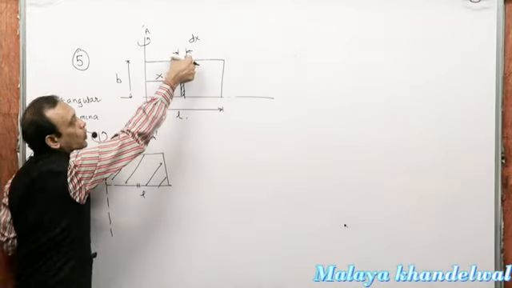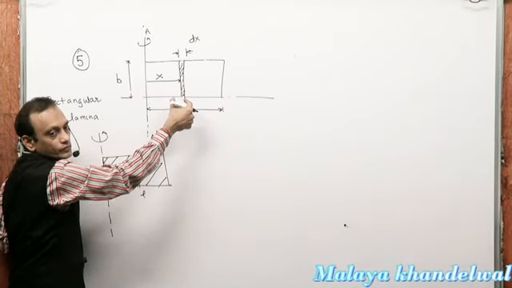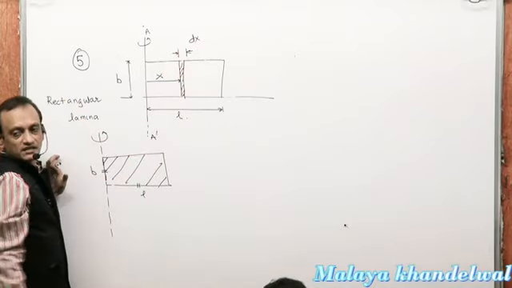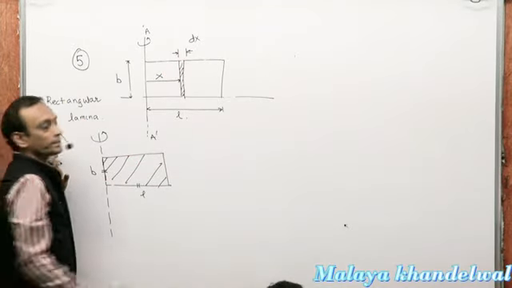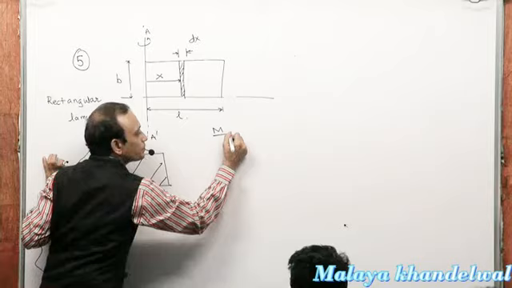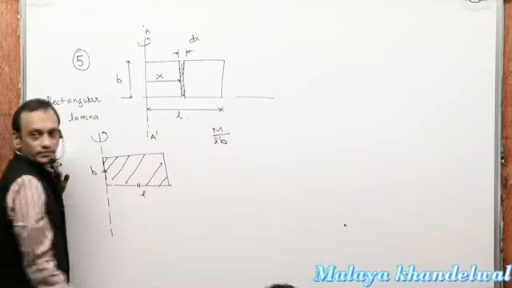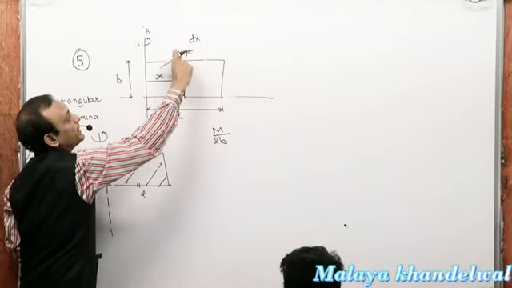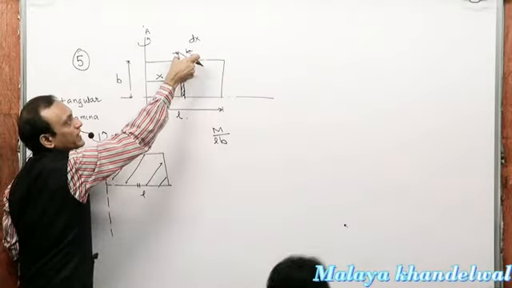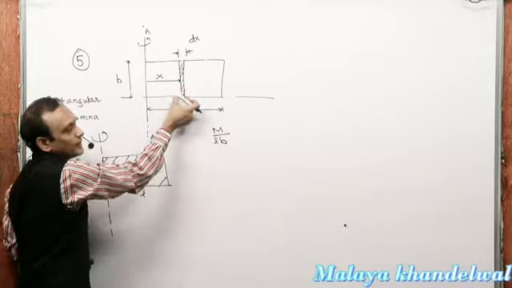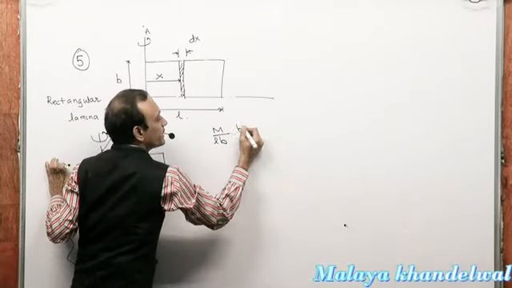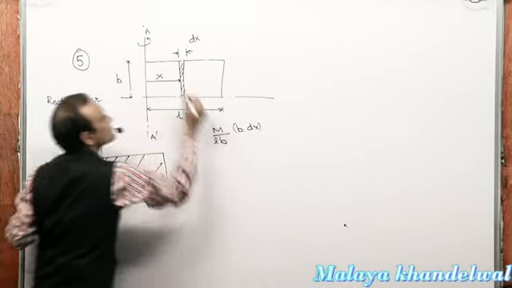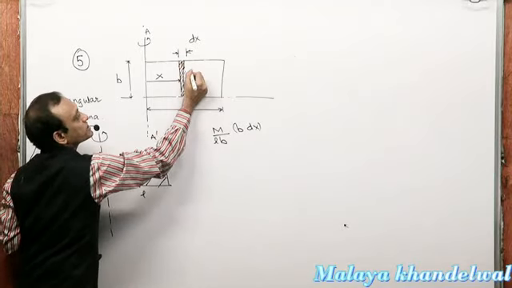So now, what is this mass equal to? How much is the chosen mass dm? Mass per unit area is m by L into B. What is the area of this? B into dx. B into dx is the area of the shaded region. So B into dx, that's this mass element dm.